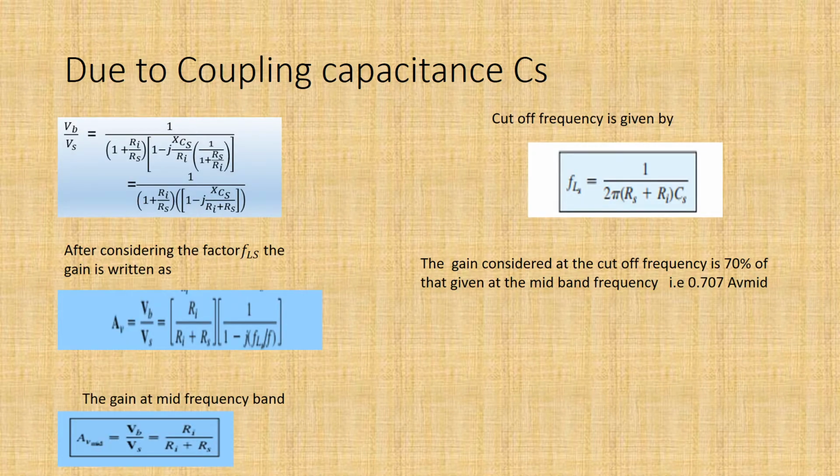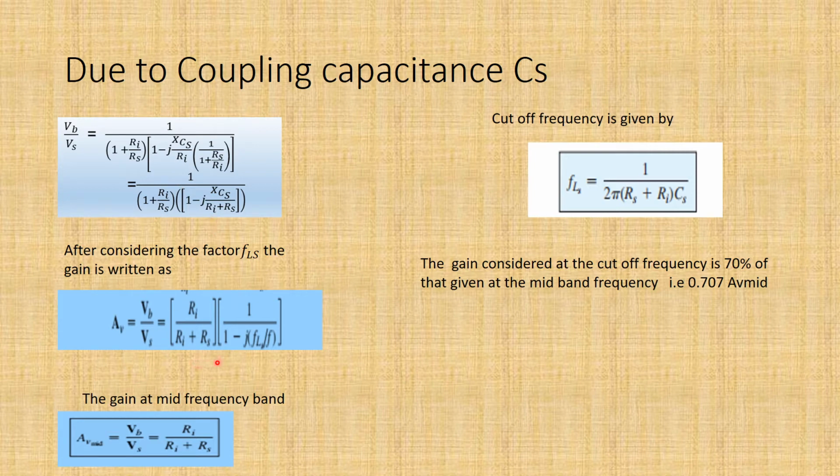We'll understand the effect of coupling capacitance over the gain. Now we have already found out the cutoff frequency, so how it is affecting the gain, let us try to understand that. Here this modified version of the equation you take, which is contributing to magnitude and phase part both.